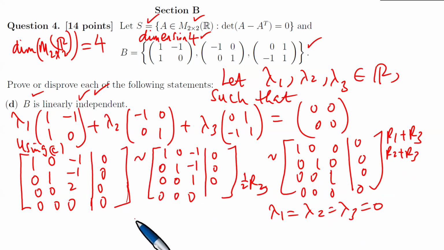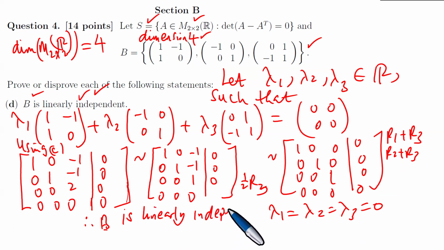We need to write at this point in the exam, therefore, B is linearly independent. It is linearly independent, and these scalars are 0.